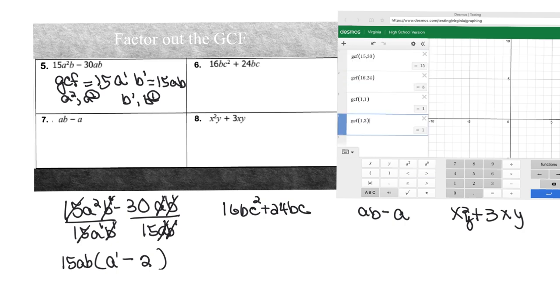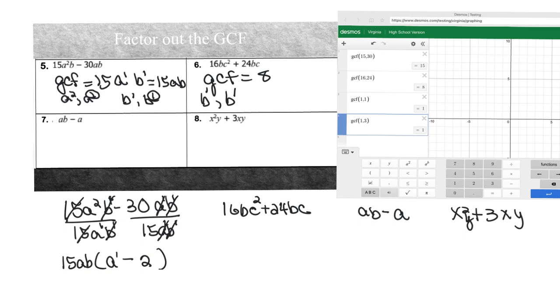Okay, problem number 6, we have 16bc squared plus 24bc. I've typed into Desmos the GCF of 16 and 24 and found that that is 8. Therefore, the GCF of the numbers is 8. I'll look at my variables. I have b to the first and b to the first.